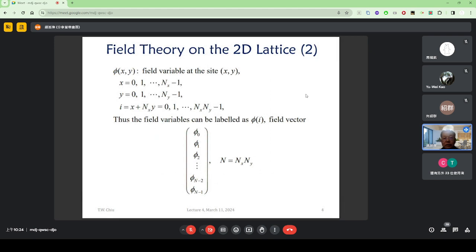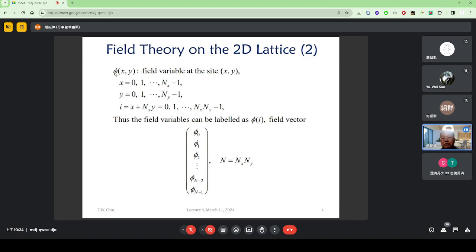The field variable is phi(x, y). The coordinates are x and y, and phi is a number. This number can be a real number or a complex number, depending on what kind of field you are talking about. If this field is the classical electrostatic potential, then it's a real number.